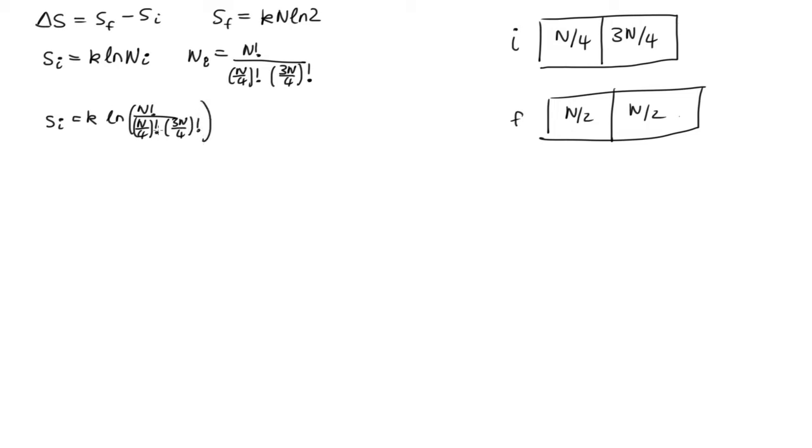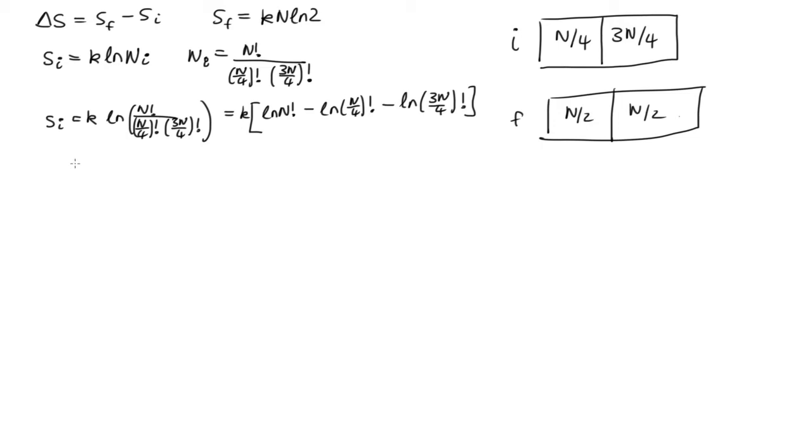Now we'll use our log rules to expand this out. So we've got n factorial divided by n/4 factorial divided by 3n/4 factorial. So this is equal to k out the front, and we've got log of n factorial minus log of n/4 factorial minus log of 3n/4 factorial.